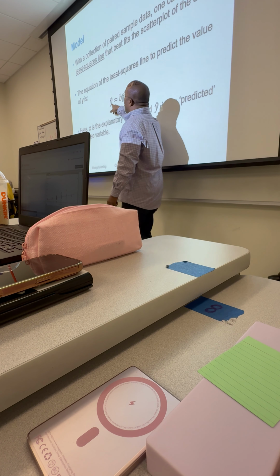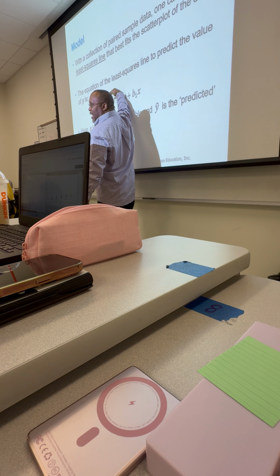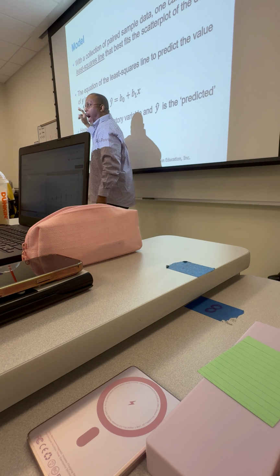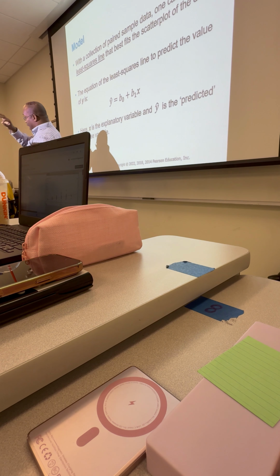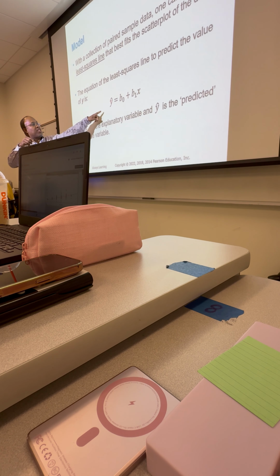Then notice that we use y hat. This hat means predicted. That little hat on the y means predicted. We can't say y because, like I said, this is used to make predictions, not necessarily truth. So we call this the predicted response value, and that is the independent variable.